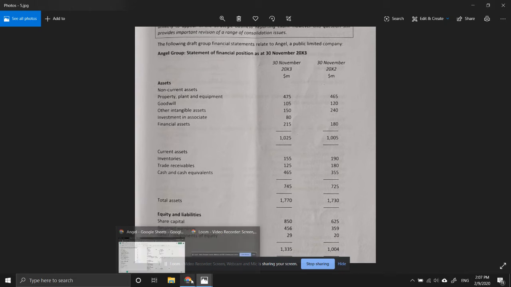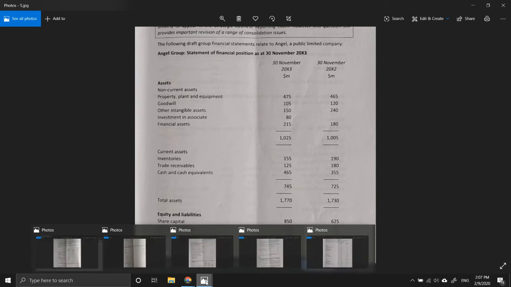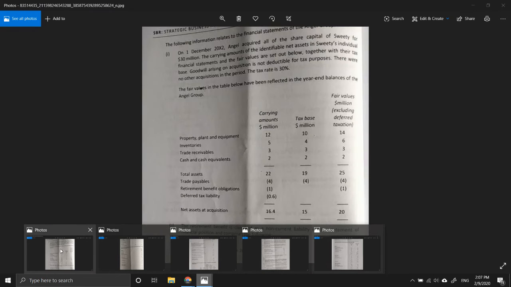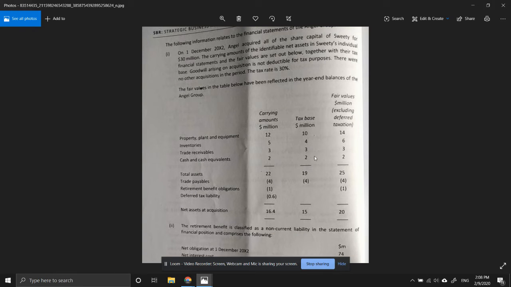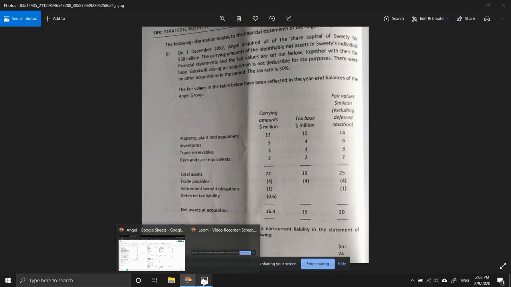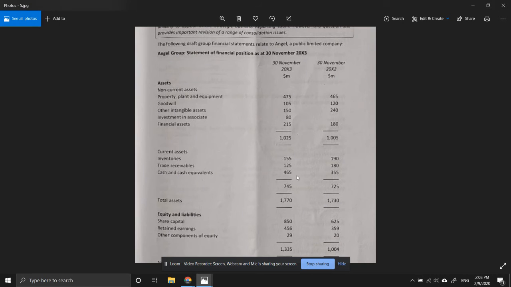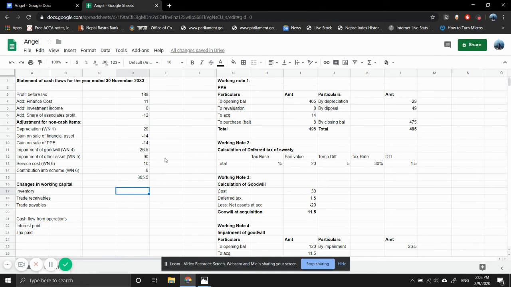So 155 and 190, right? Where is that? 6. Okay, 6, and then what was the other figure? 190. 190 minus 6, right? 184.